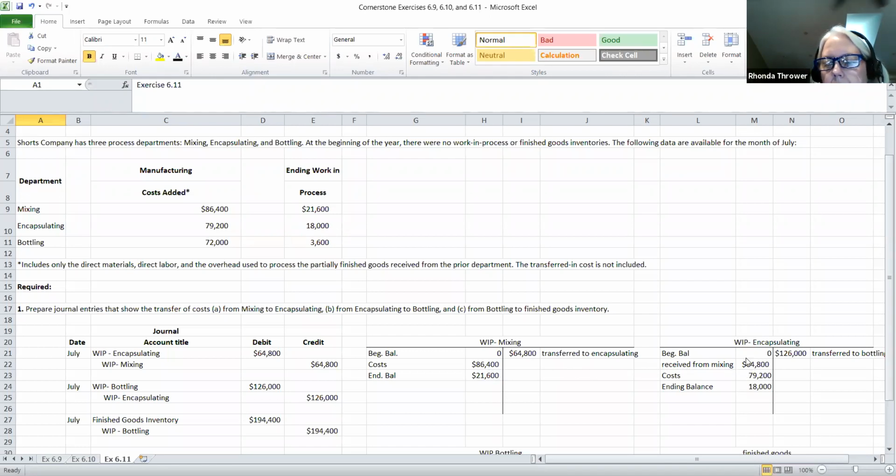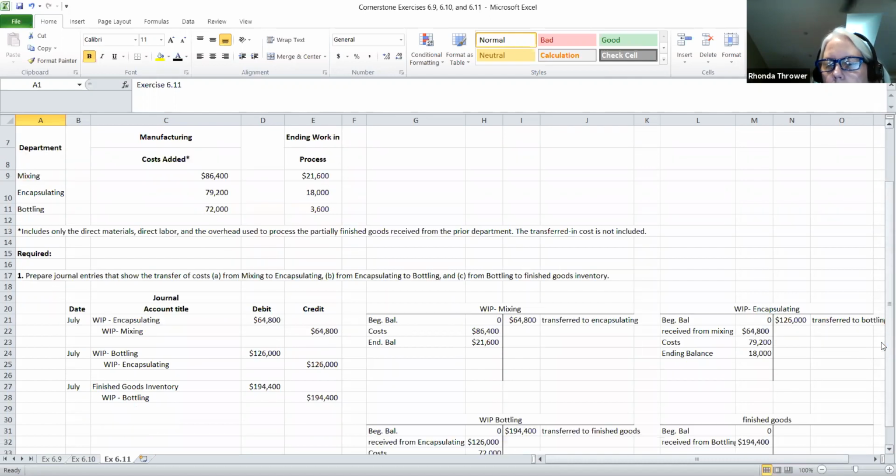There was no beginning inventory in encapsulating. We received this from mixing, and we also had some costs that we added from encapsulating, which was $79,200. That was the given amount here for encapsulating. They also gave us the ending balance. So what you have to determine is what you transferred to the next department. So it's going to go from encapsulating to the bottling department.